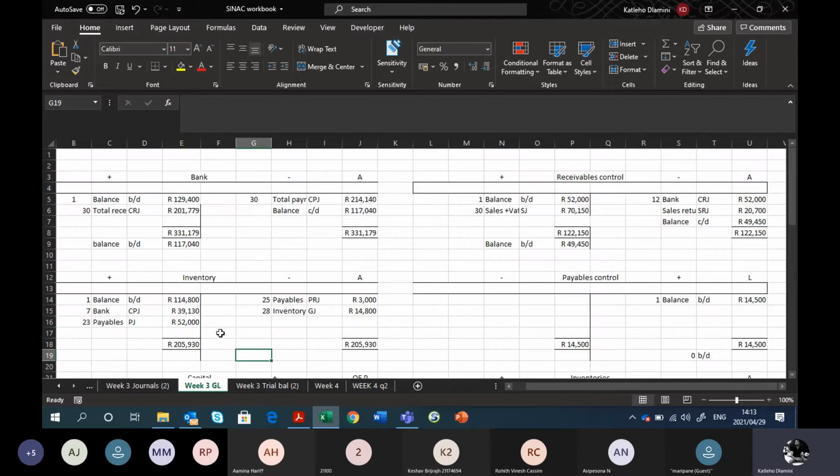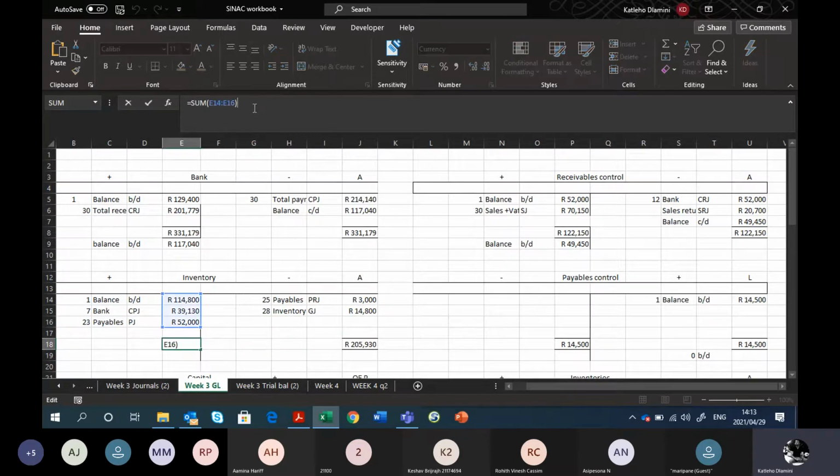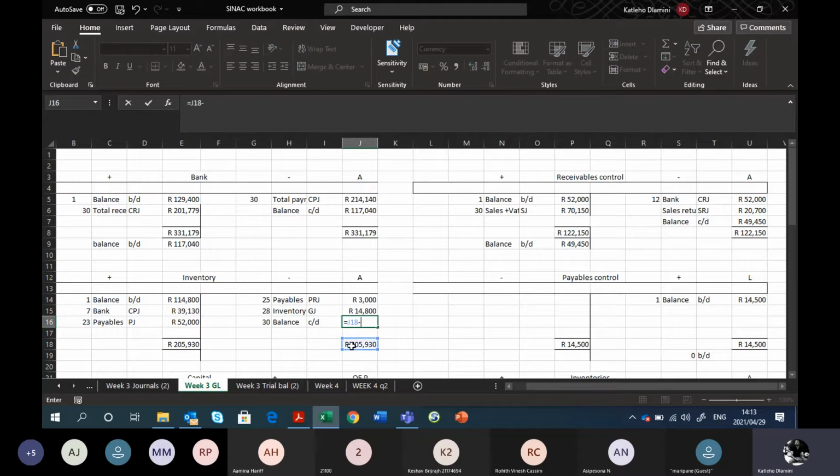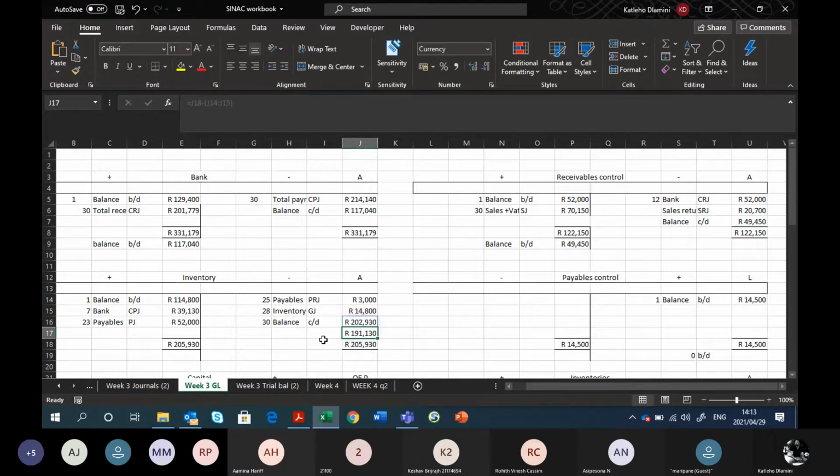All right. So now, obviously this side is the bigger side, right? So I'm going to take that side as the bigger side. Then I'm going to put a balance here. So my balance on the 30th carried down is equal to this amount minus both these amounts. So I'm just going to put brackets in there. So it's equal to 202.